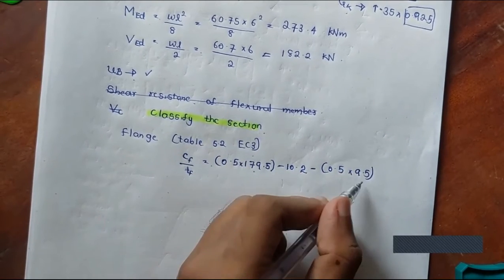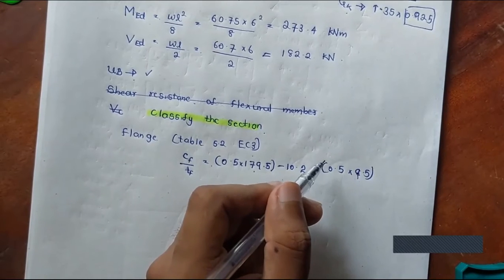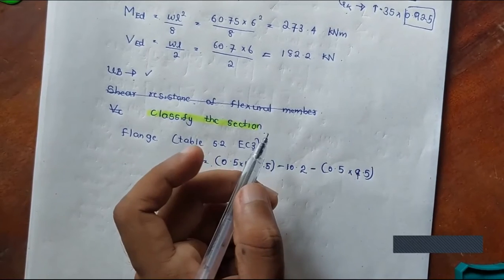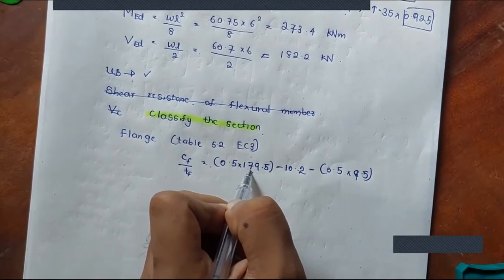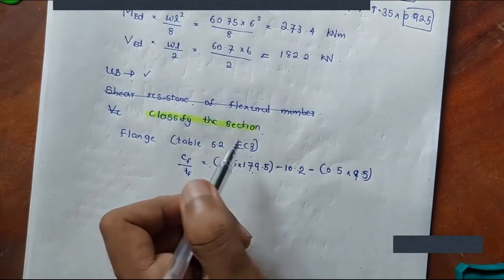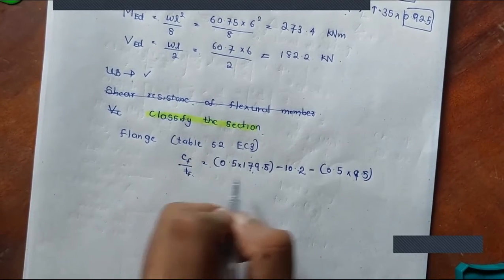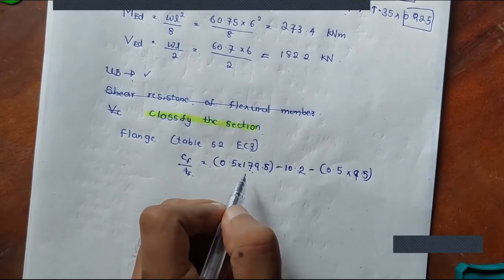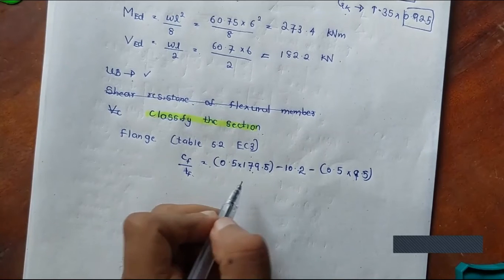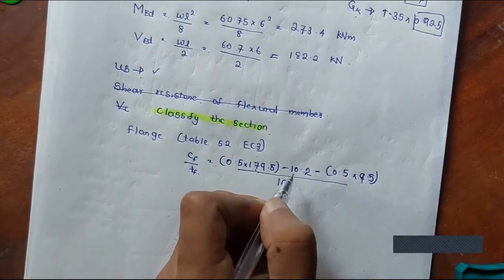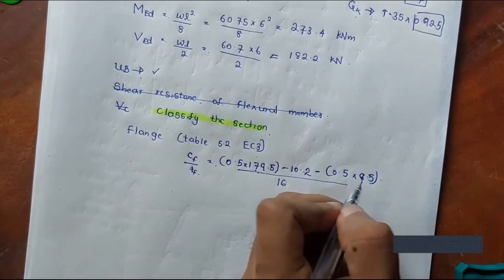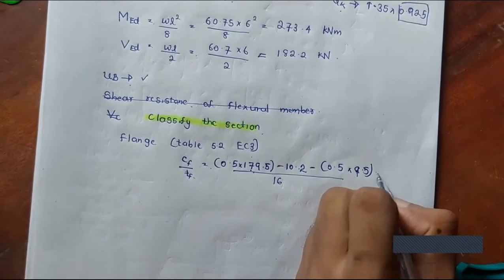So 9.5 is the web thickness, right? Web thickness, root radius, and the flange width, right? So that's the equation, and then it's divided by the thickness of the flange, right? So that was 16 millimeters, the earlier figure I showed you. So that's going to be 4.67.